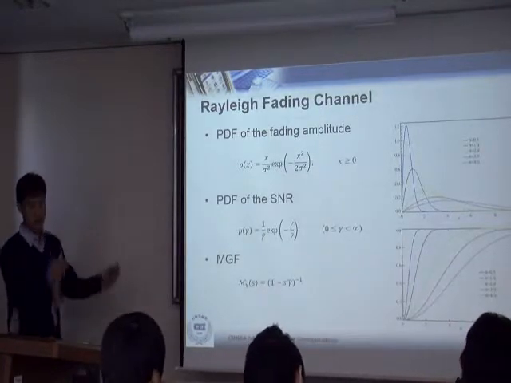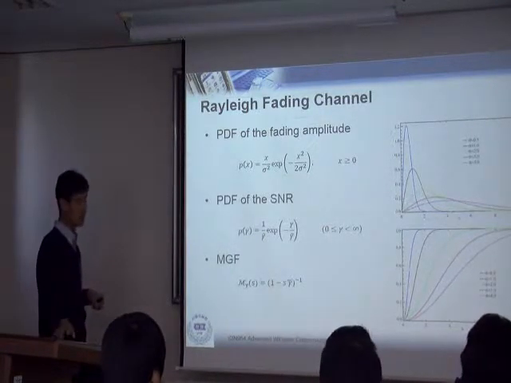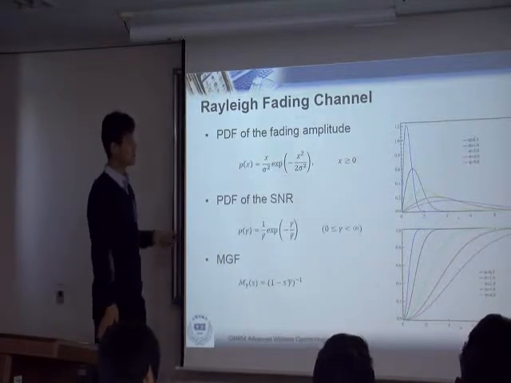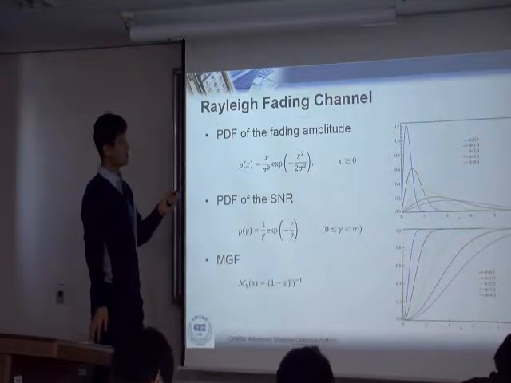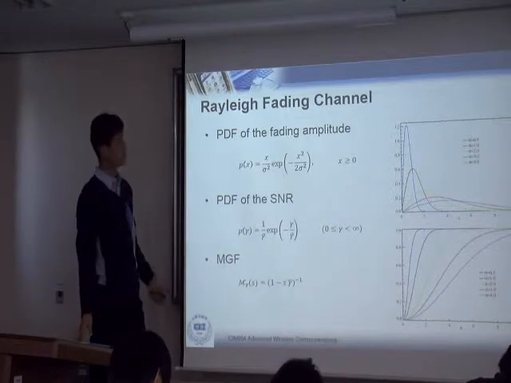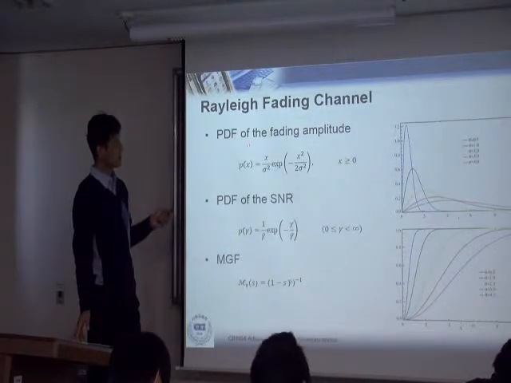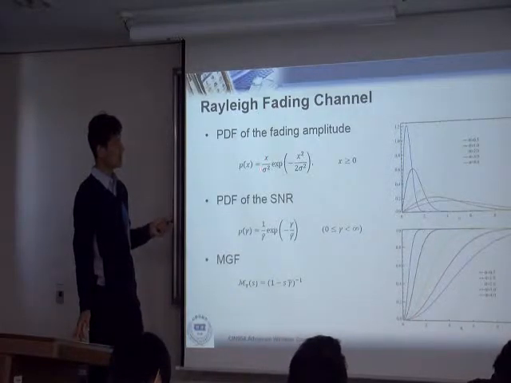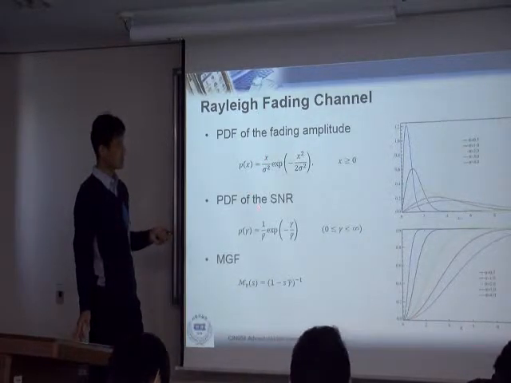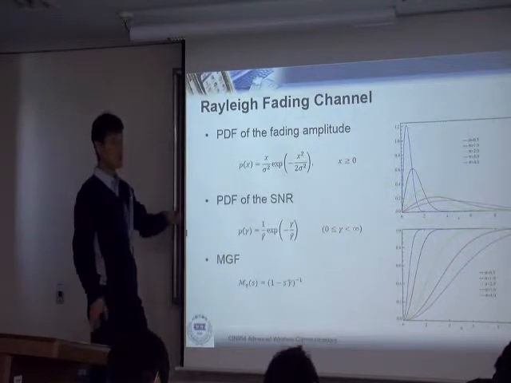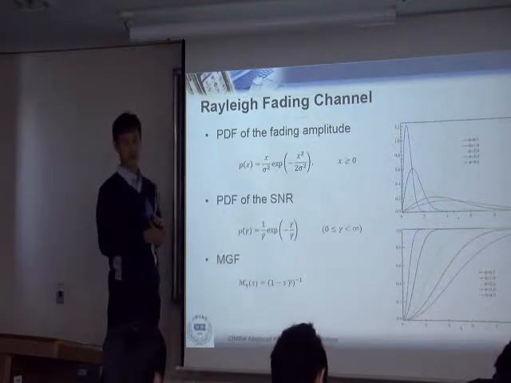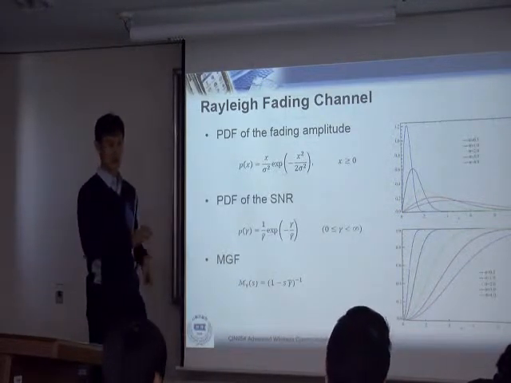First of all, we want to study a little bit on the fading channel. This is the most popular fading channel, as you know. It's called the Rayleigh, and you can look at the PDF of this fading channel for amplitude and also SNR. So if you Google the Rayleigh, then you will see a Wikipedia page.